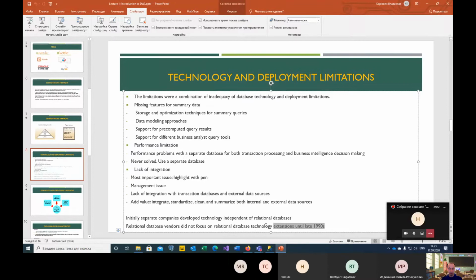We need to keep in mind that relational databases were not so focused on building data warehouses until the late 1990s.